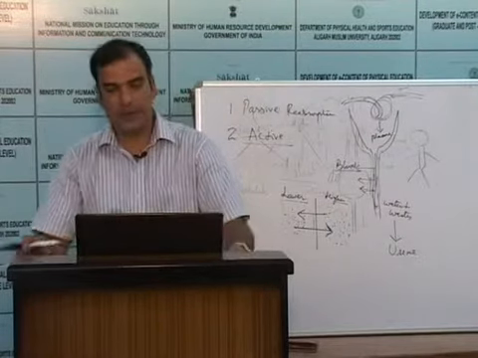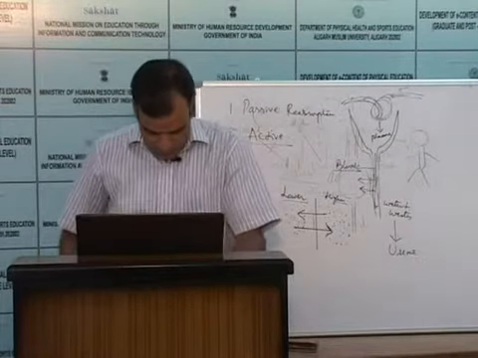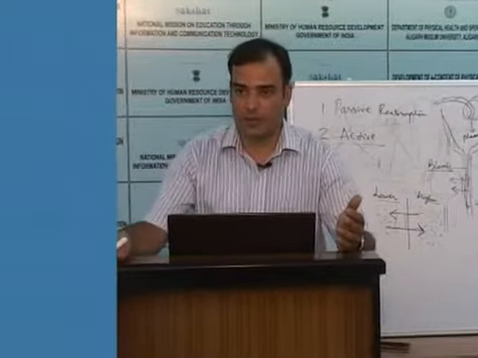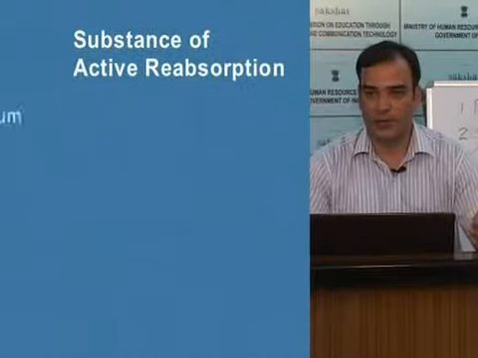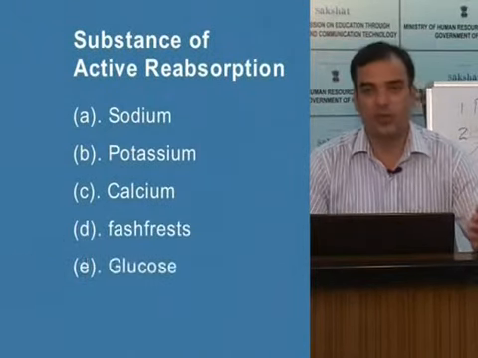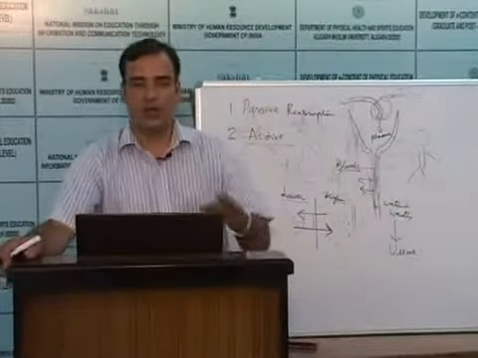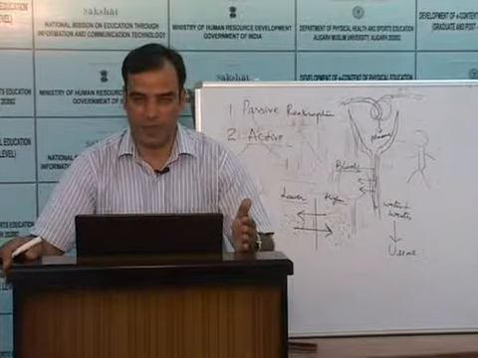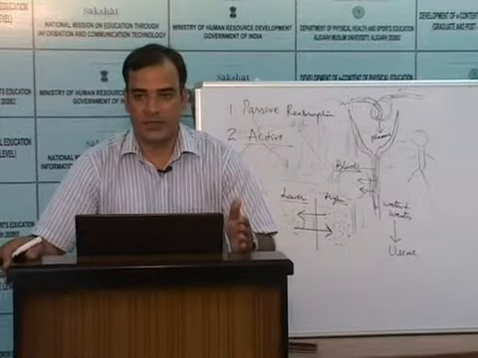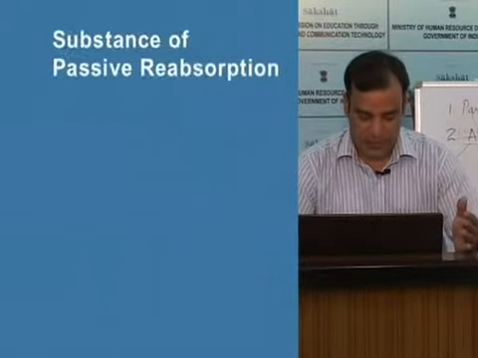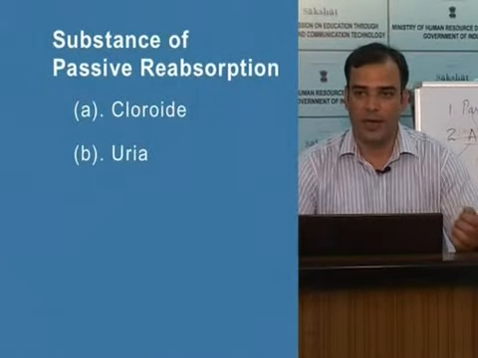Now, which substances are transported by active reabsorption? These are sodium, potassium, calcium, phosphates, glucose and amino acids. There are certain other substances that are reabsorbed by passive reabsorption. These are chlorides, urea and water.